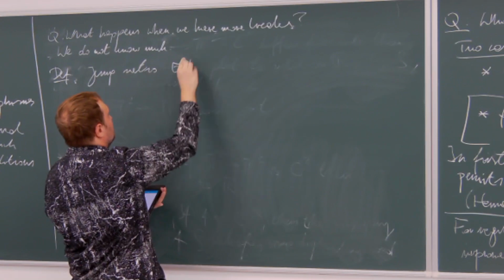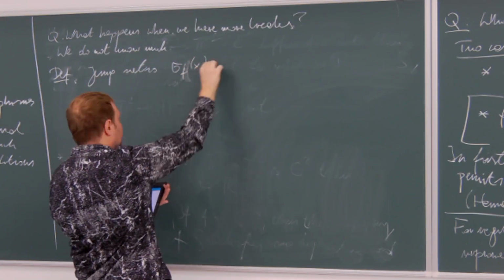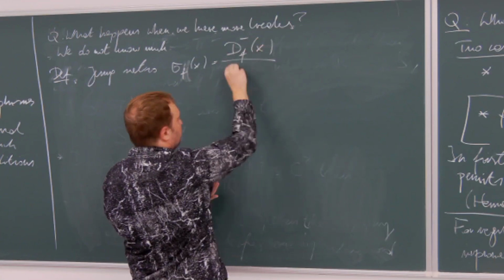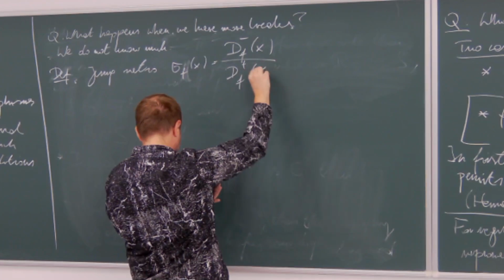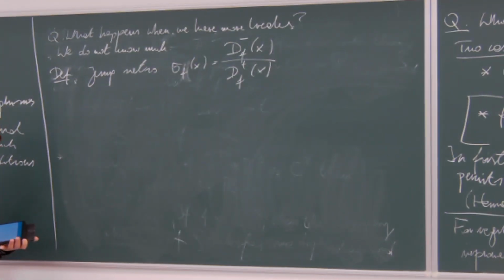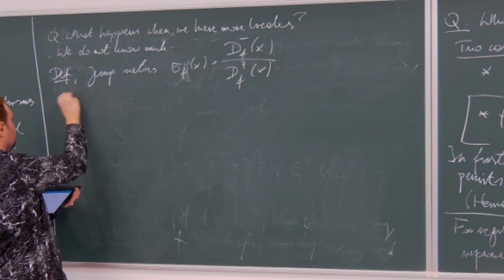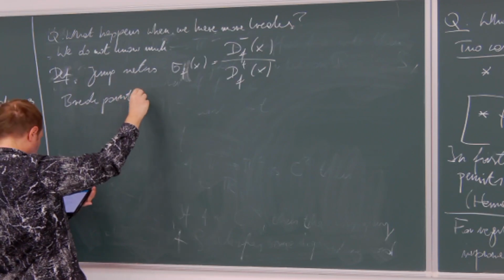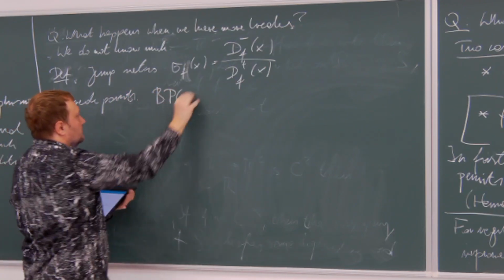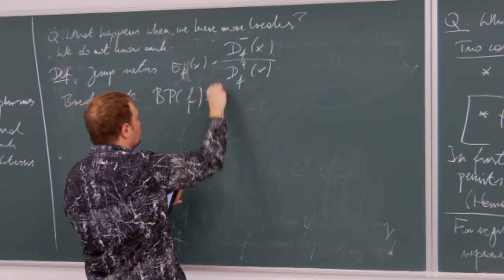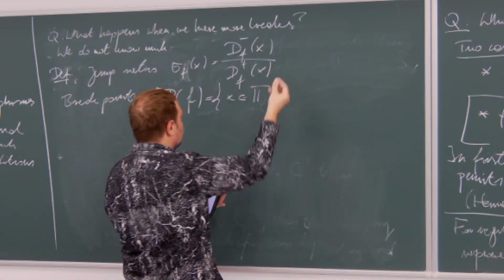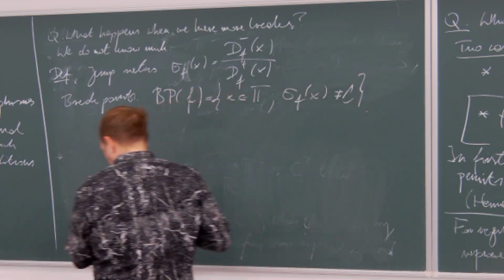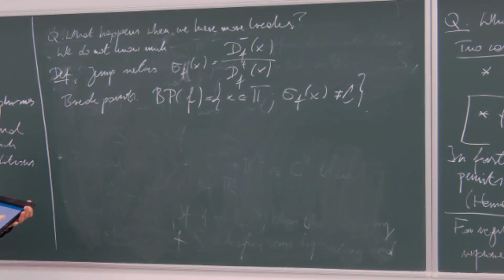So it's going to be sigma f of x equal to the ratio between the derivatives, and then the breakpoints, bp of f, are going to be the set of those points in the circle such that, as you can imagine, sigma f of x is not 1.